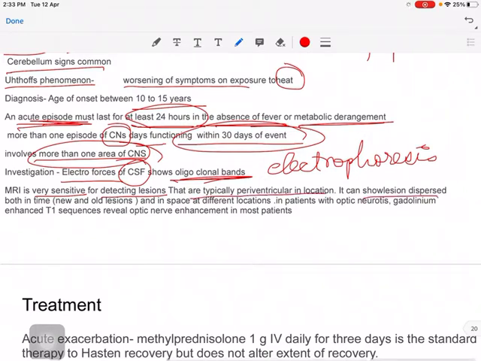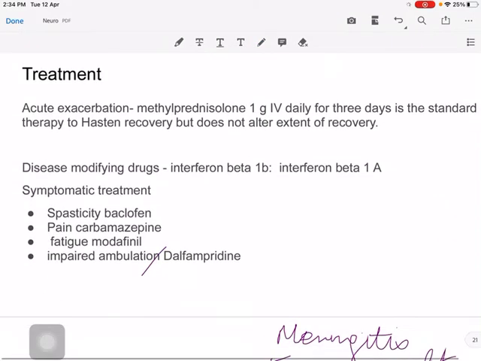It shows lesions dispersed both in time, meaning there can be old lesions and new lesions, and in different locations in the brain. In a patient with optic neuritis, gadolinium enhanced T1 sequences reveal optic nerve enhancement in most patients, if the optic nerve is involved.